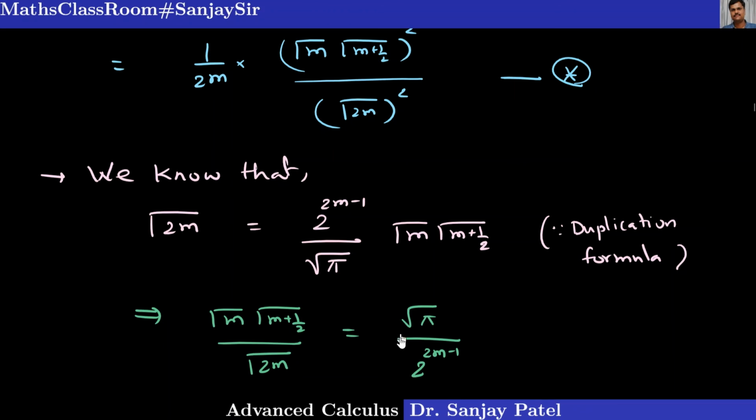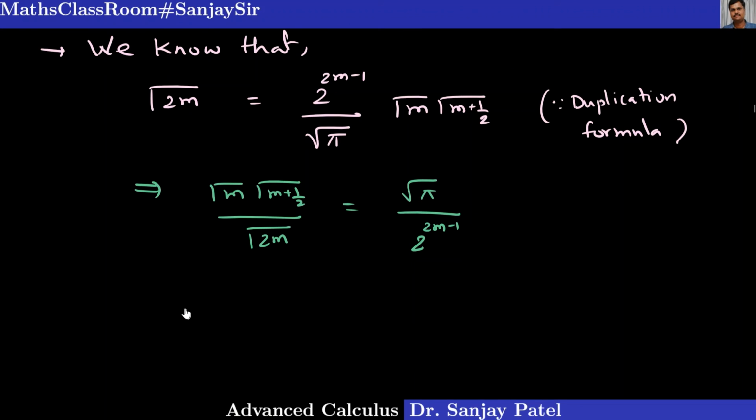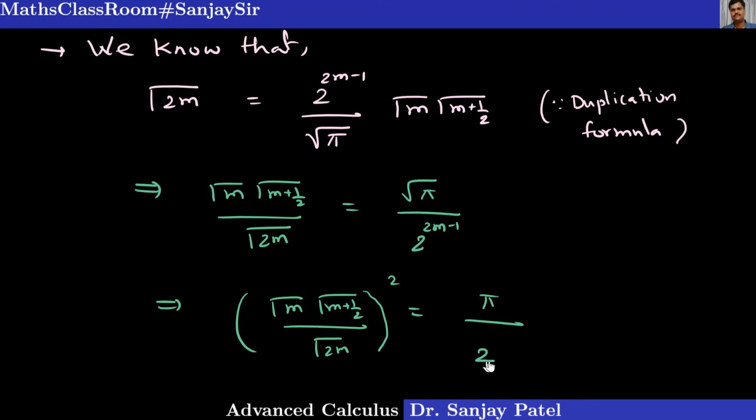And if we square both the sides, what we'll get is gamma m into gamma m plus 1 by 2 upon gamma 2m whole square is equal to pi upon 2 raised to square of this, which is 4m minus 2.